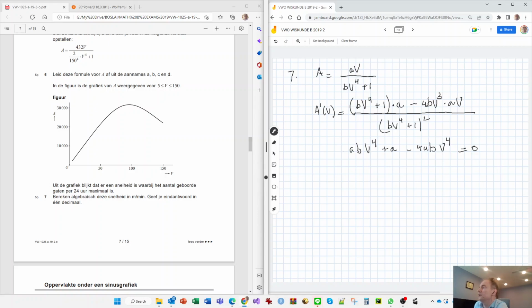And now I can just, let's do it step by step. That's still the smallest chance on errors. It's a b v to the power 4 plus a has to be 0.